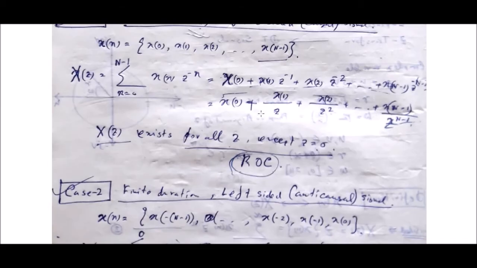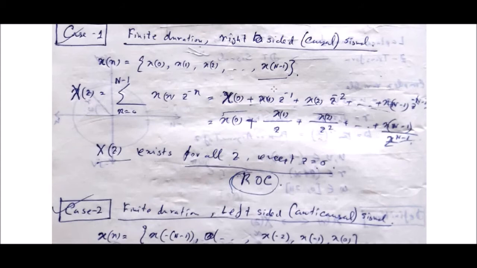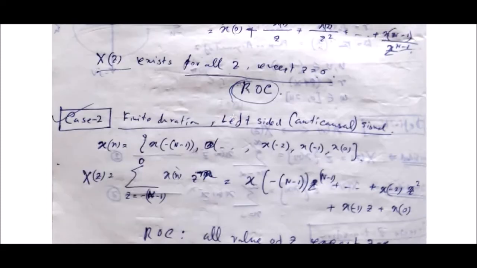But now from common sense, tell me, if the signal is finite duration but both sided, that means it is not right sided or left sided. Both sides may have some values of some samples, N number of samples in total. Then that particular both sided signal will have the property of a causal signal as well as the property of an anti-causal signal, because it is made of one causal signal plus another anti-causal signal.